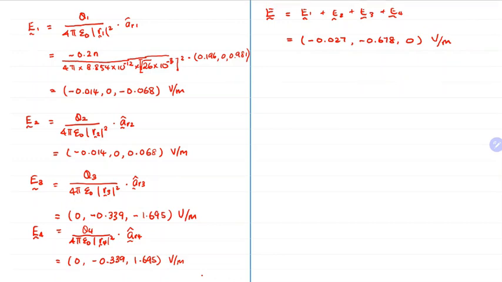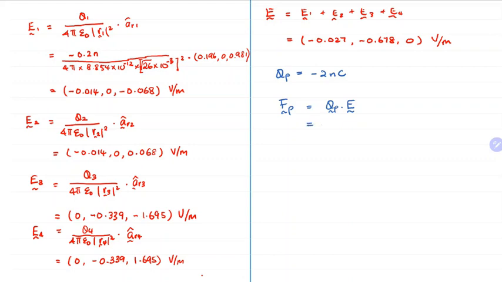Putting a charge, I call it QP, at position P of -2 nanocoulombs, the force on this charge, let's call it FP, will be equal to QP times the electric field at that position, which is our total E field.